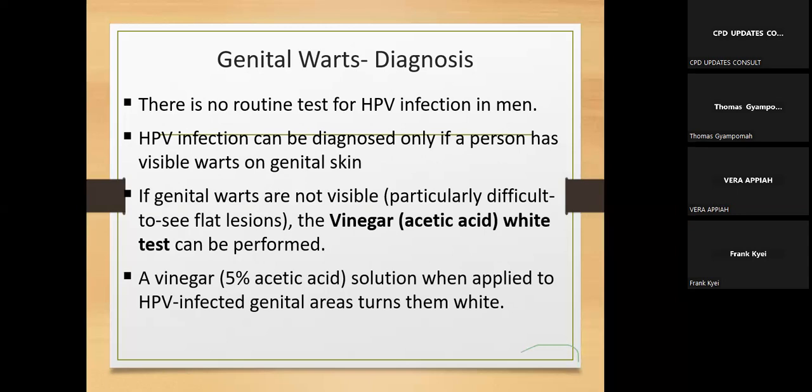For women, if you do the pap smear, and you have a good pathologist, you should be able to diagnose HPV infection. However, in men, the only way you can diagnose HPV is when the warts have actually emerged. So unfortunate. There's no way you can screen for it. In women, you can screen for HPV.